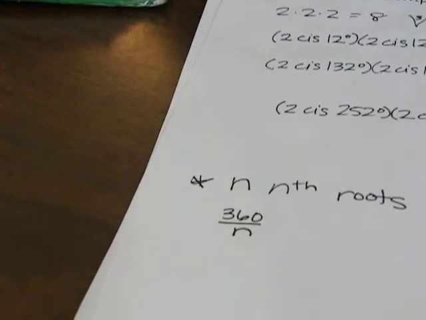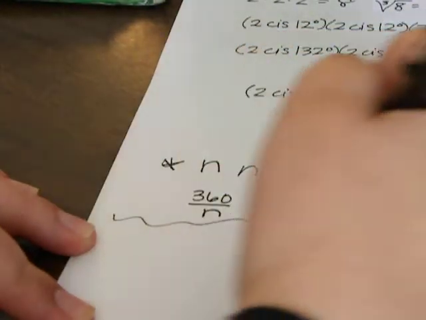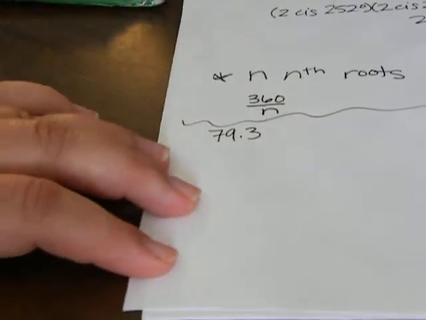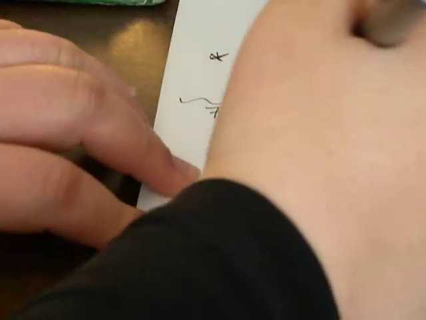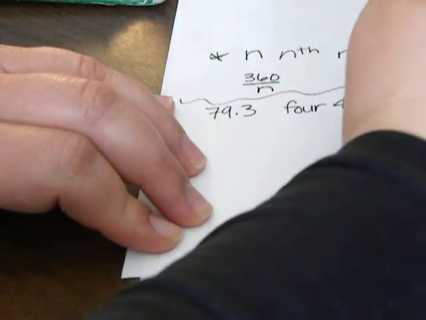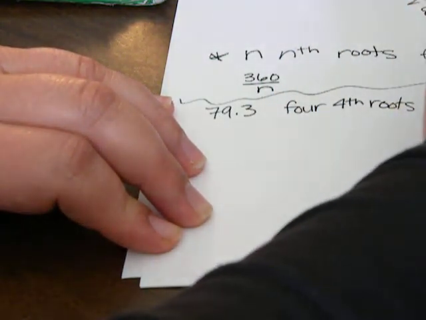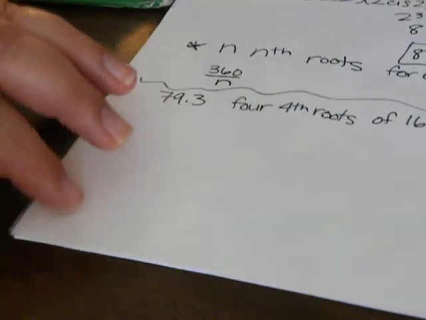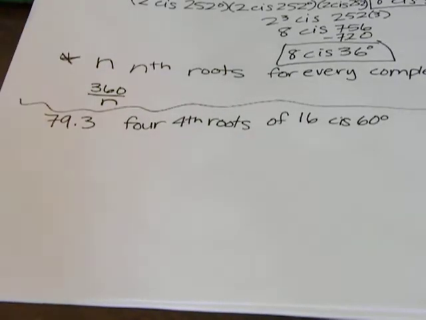Okay, so let's do an example. This is example 79.3. Example 79.3 says find 4 fourth roots of 16 CIS 60 degrees. Okay, so we know that you've got 4 fourth roots.